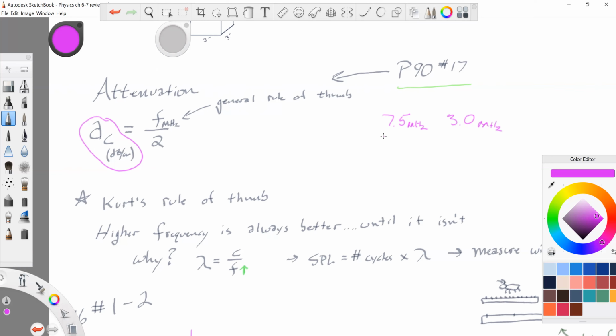To find the attenuation coefficient on both of these, just divide by 2. 7.5 divided by 2 is 3.75. So 3.75 what? Decibels per centimeter. And 3 divided by 2 is just going to be 1.5.